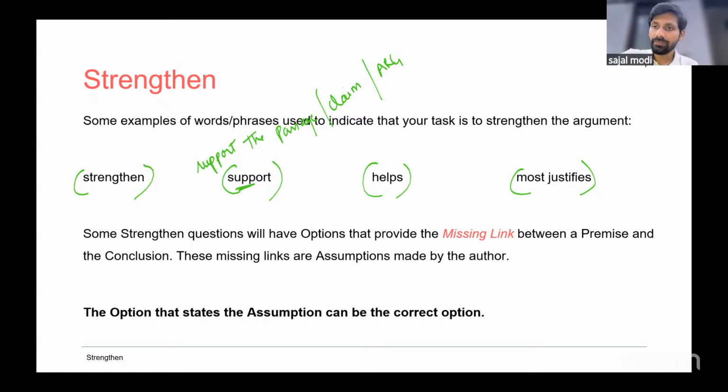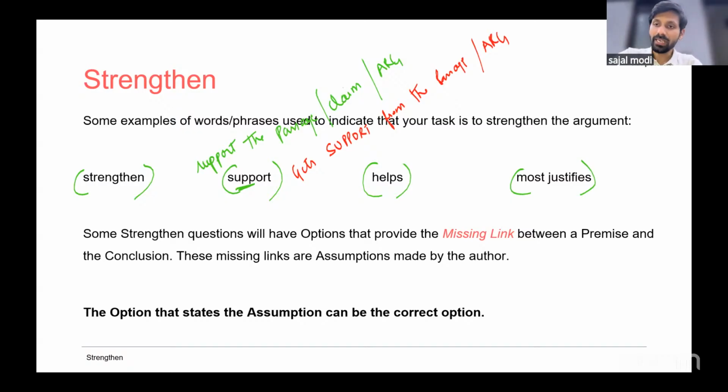On the other hand, if it says which one of the following options gets support from the passage slash argument, then it is an inference question. The option is getting support from the passage. The option follows from the passage. So just be careful as to what the phrasing is, whether it is a strengthen question or an inference question, right?